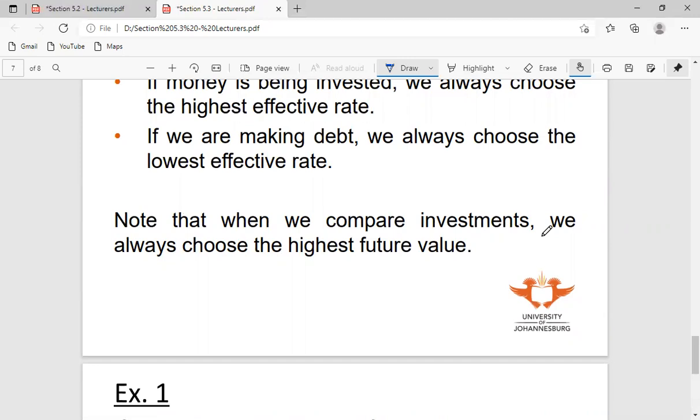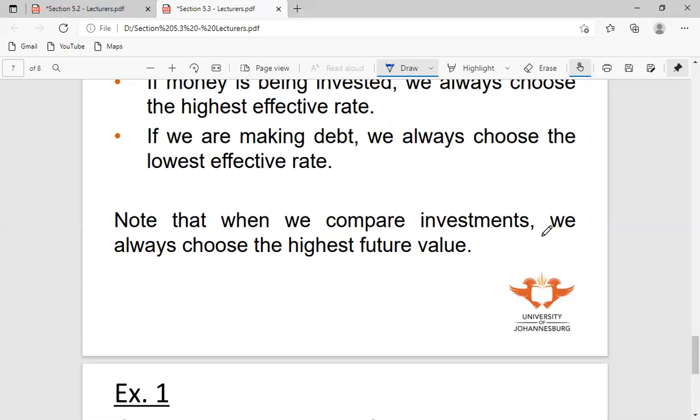So a situation could arise in which you are not comparing interest rate, but you are comparing investment. For instance, a person could be given the options of investing 6,000 at 6% compounded semi-annually, or investing 5,000 at 7% compounded quarterly. Then you are asked, which of the options should this person choose? In this case, you are not comparing the interest rates because the principal amounts are different.